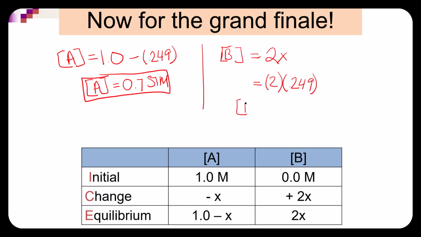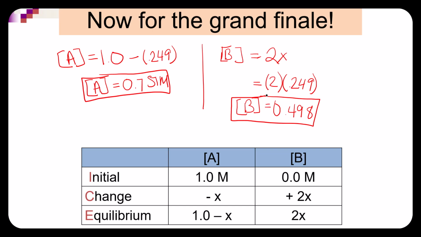So the concentration of B at equilibrium is 0.498. That's the answer.